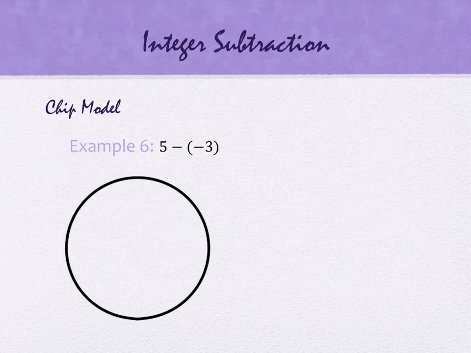And we're going to put in chips that are, in this case, we did red, black, what did we do last time? Red and yellow. So we had red as our negative chip, and our yellow is considered our positive chip.